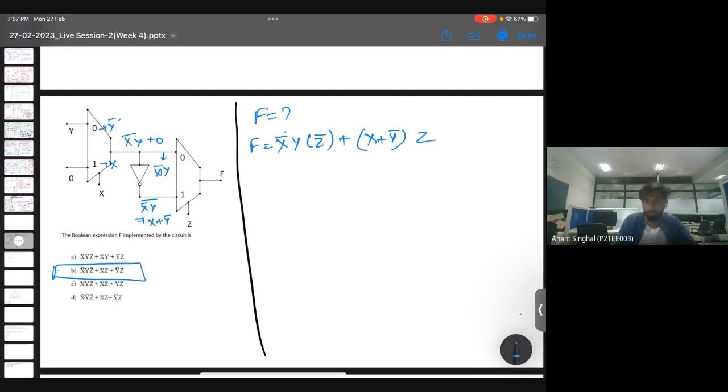Is this step clear? Please respond if it is clear. Okay, so f will be nothing but x bar y z bar plus xz plus y bar z. Yeah, so this is option B only. So option B is the correct answer.